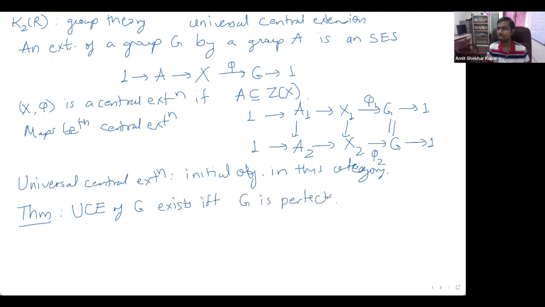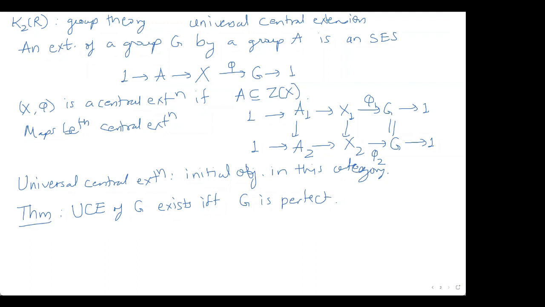Now, perhaps somebody can tell me from the last lecture, what perfect group did we see last time? Do you remember what perfect is? At least give me a definition. Special linear groups? Commutator is the same as the group.